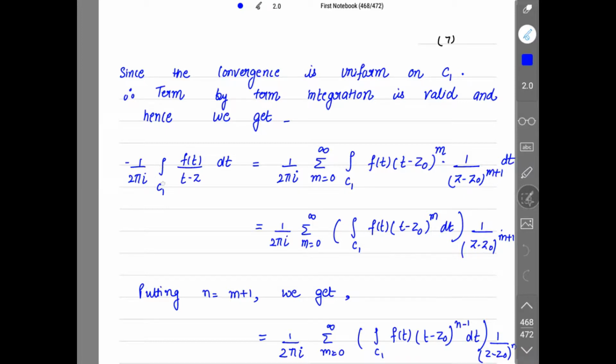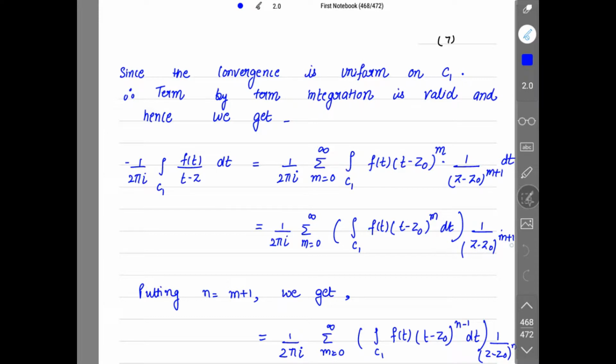minus 1 over 2 pi iota integral over C1 f of t over t minus z dt is equal to, I integrate both the sides now, 1 over 2 pi iota summation m going from 0 to infinity integral over C1 of f of t, t minus z naught to the power m, into 1 over z minus z naught to the power m plus 1, dt. Now taking this dt inside and collecting this integral, 1 over z minus z naught to the power m plus 1 remains there only.